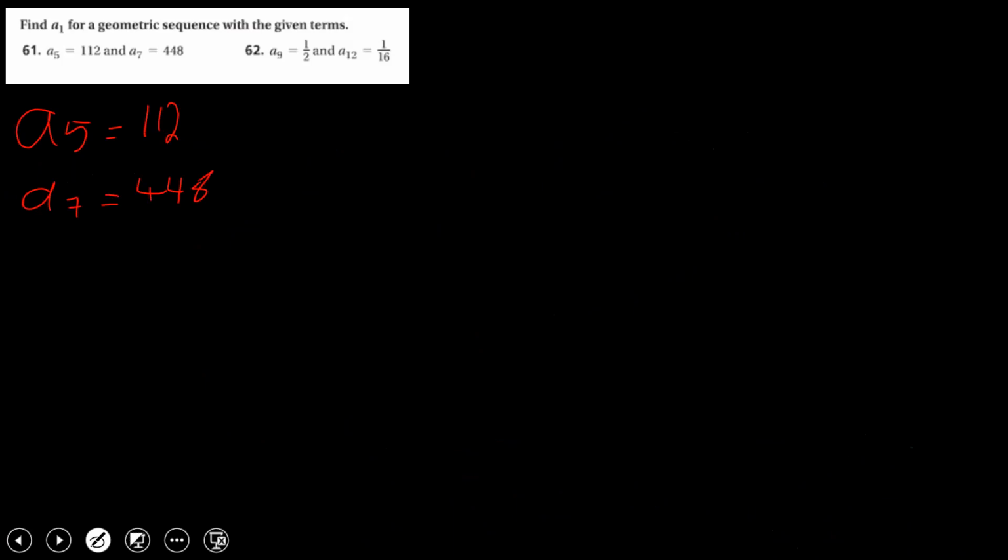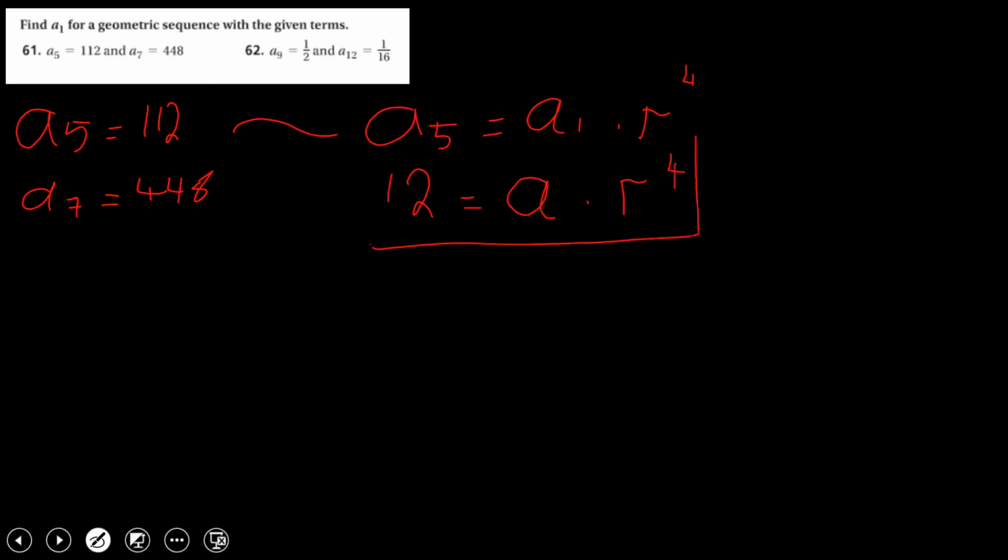Okay, A sub 1. Let's use the first equation. A sub 5 is A sub 1 times r raised to the power 4. How can I find A sub 1? But r is also unknown here. So A sub 5, 112, equals A times r raised to the power 4. Let's use now A sub 7.